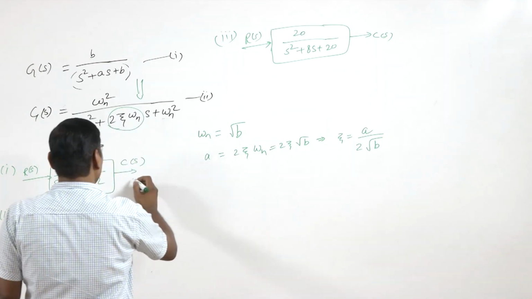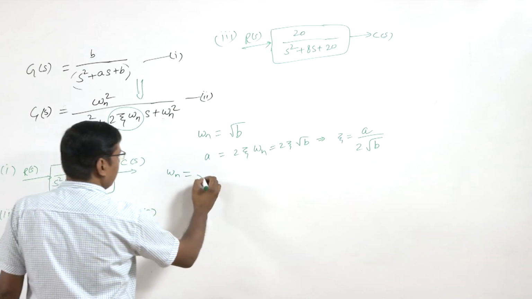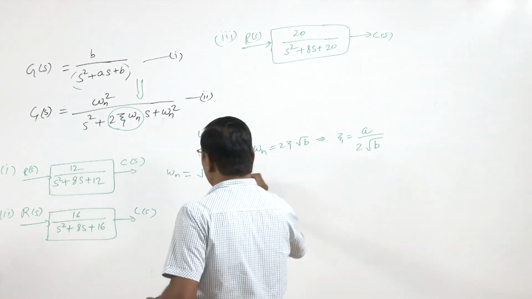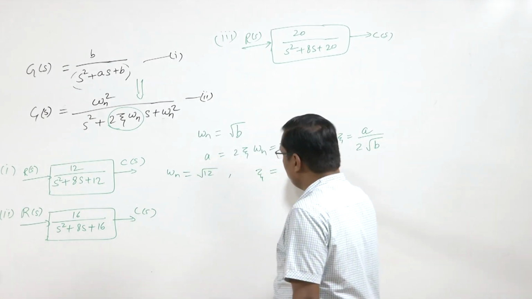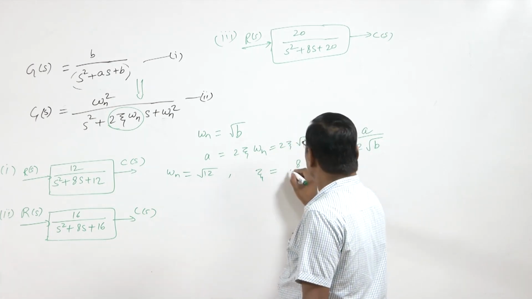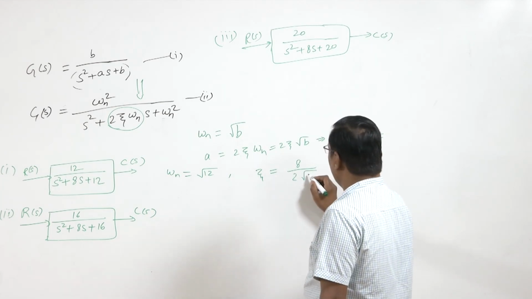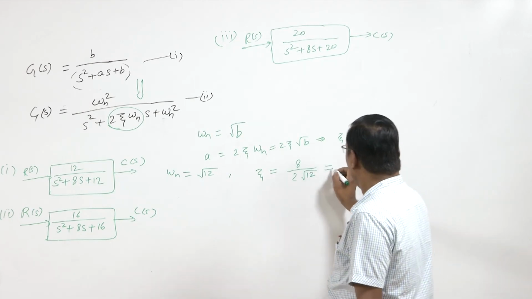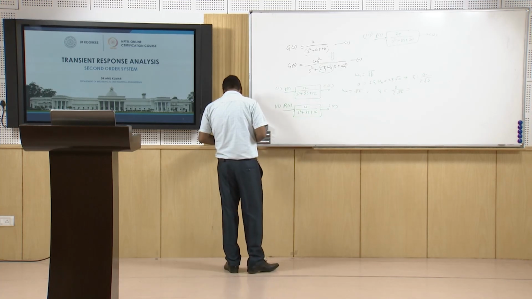So in case 1 we have omega n equal to root b, so root 12, and we can find damping equal to a upon 2 root b. a is 8 upon 2 root b, where b is 12, and we get damping 1.15.